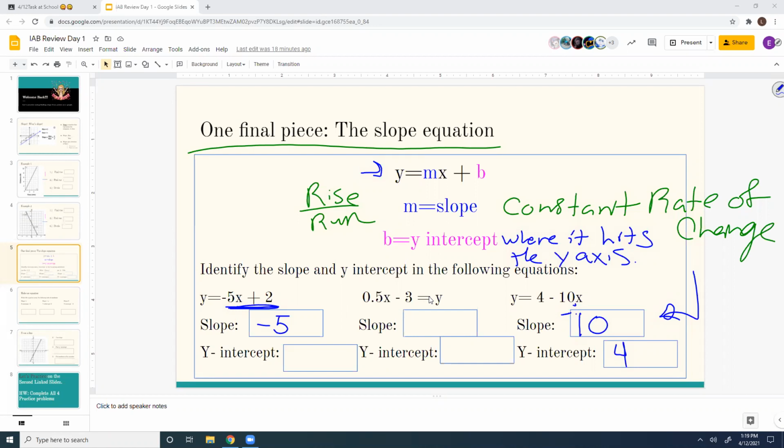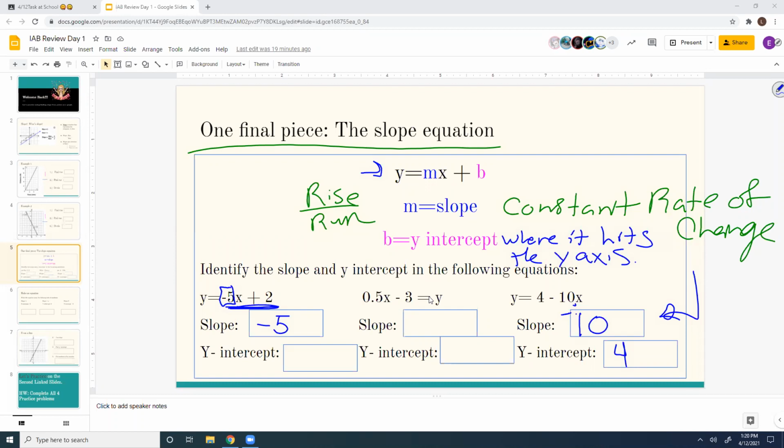Why is it negative 5 as opposed to a positive 5? Very good, because that negative sign is attached to the number that comes behind it. Remember, we don't write slopes as negative 5x. It's just a negative 5 because it's asking what's the number.